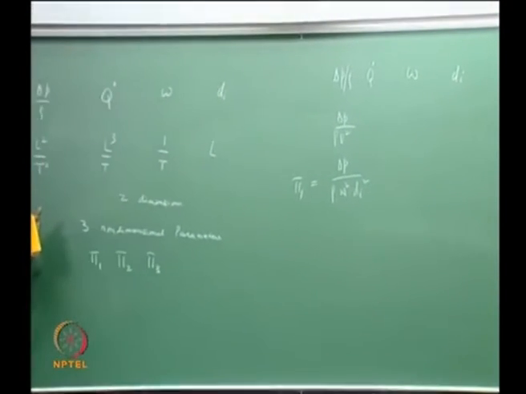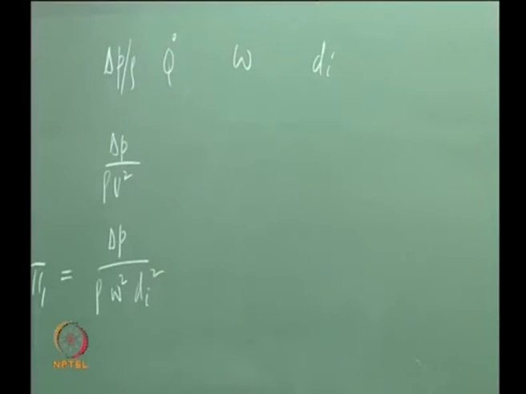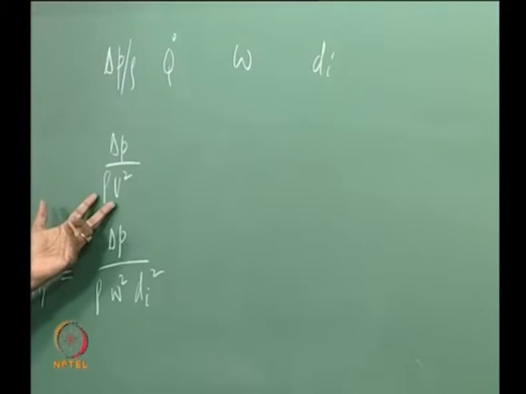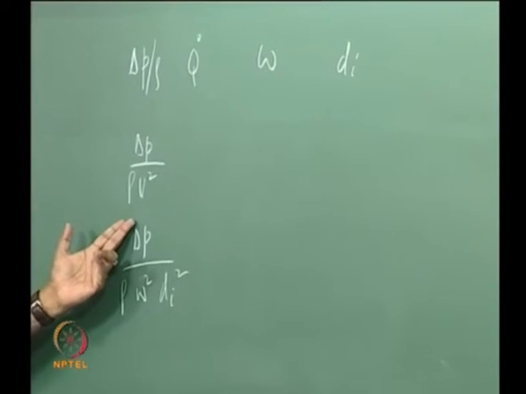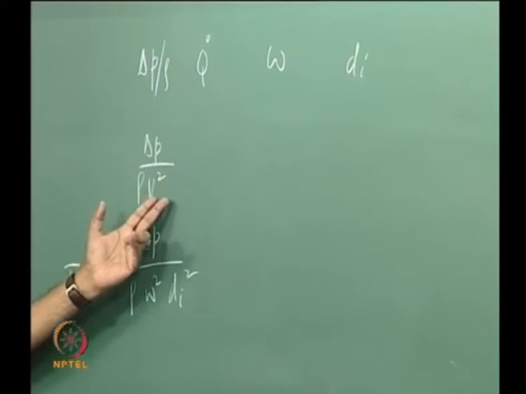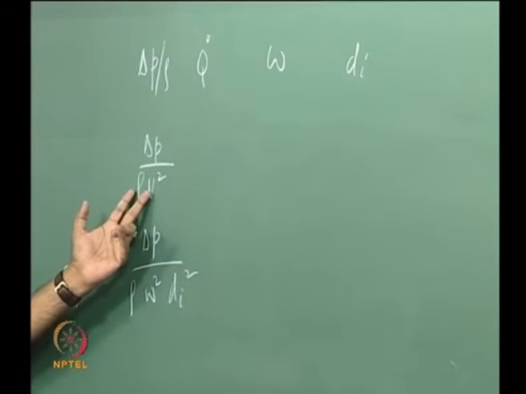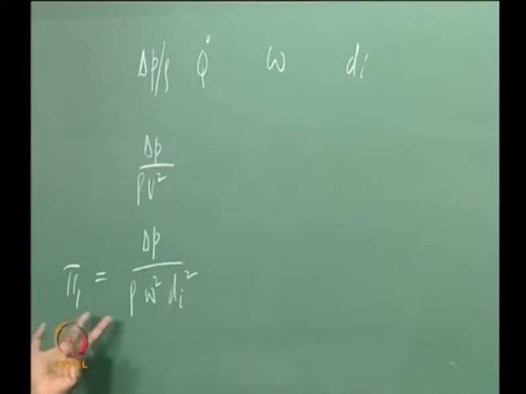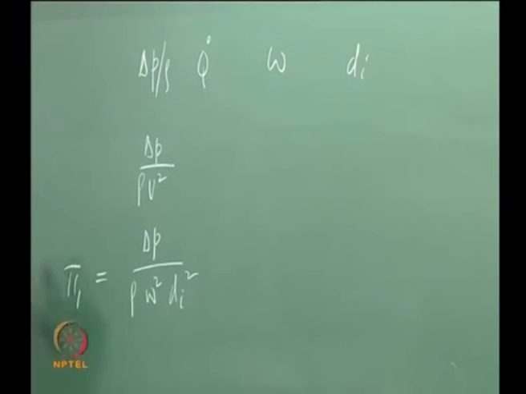Just by observation. Why is that? I know rho v square has units of pressure, kilogram per meter square, then again meter square by second square, this gives me Newton per meter square. Therefore, let us do one by observation, and one by detailed analysis.